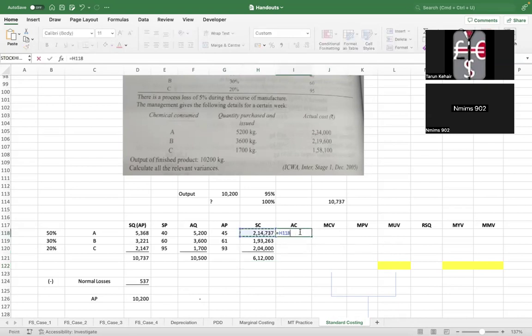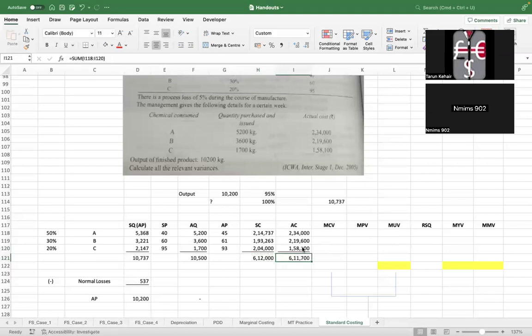For actual cost, actual quantities into actual prices, drag it down, take your summation, it is 6,11,700, right? Material cost variance is standard cost minus actual cost. So it will be different for all of them. Take your summation, you will get your cost variance to be 300 rupees favorable because your standard cost is higher. That means you have restricted your actual cost. It has not exceeded the standard cost. So it's a favorable variance.